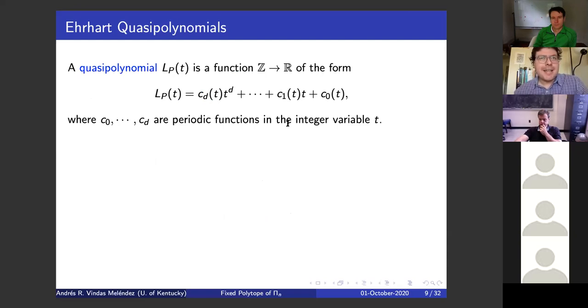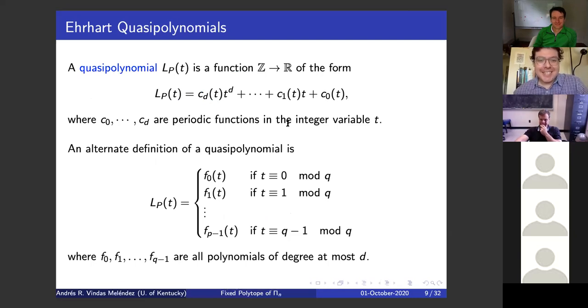Now you can still say, well, that's still not as helpful, Andres. And so an alternate definition is to think of this quasi-polynomial as having multiple parts, depending on the period q, okay? And so we can think of this as multiple polynomials.